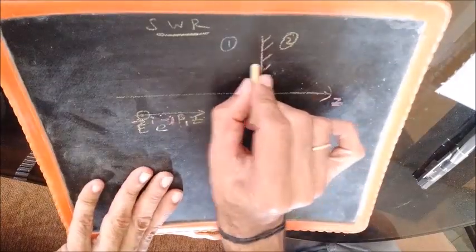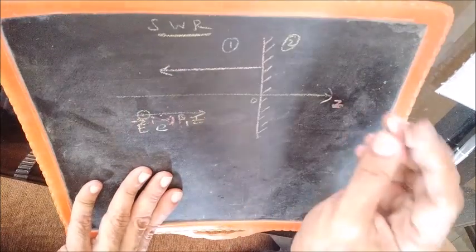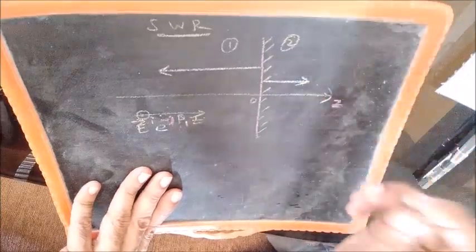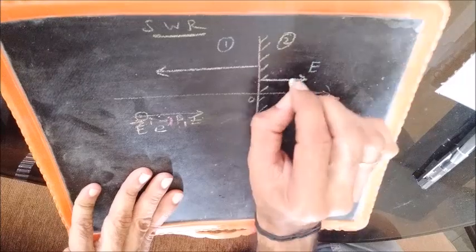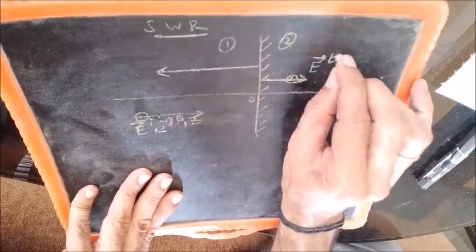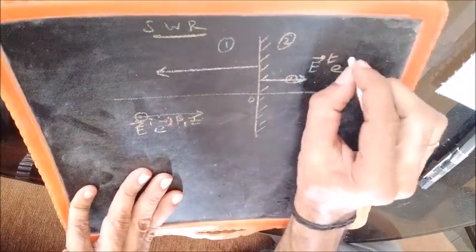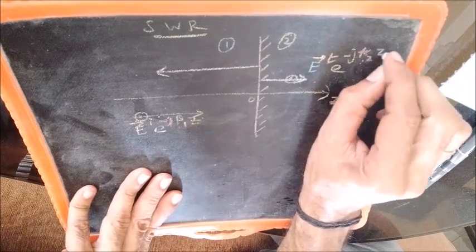And a portion of this is reflected once it encounters the interface, and the remaining part is transmitted into the second region. So we can likewise write the transmitted field with a superscript t, and since that is also propagating in the z direction, we have e raised to minus j k2 z.